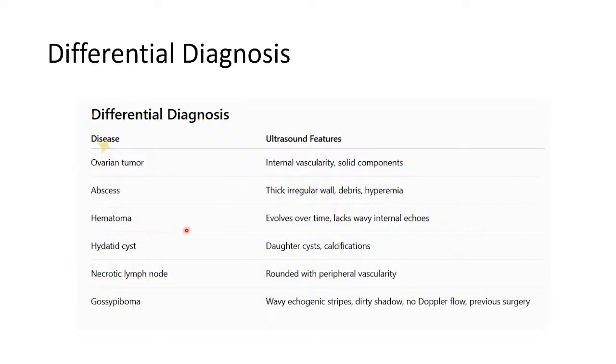Then hematoma evolves over time and lacks wavy internal echoes. Then hydatid cyst, with daughter cysts and calcifications present. Then necrotic lymph node, rounded with peripheral vascularity. Then the fibroma, wavy echogenic stripes, dead shadow with no Doppler flow, in the history of a previous surgery.